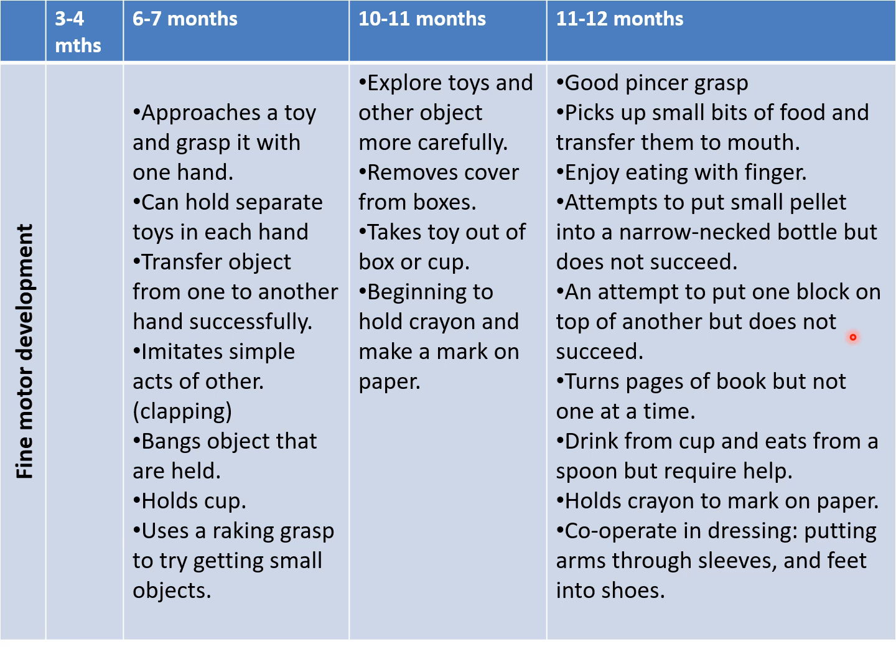Drinks from a cup and eats from a spoon, but they need help. They can hold a crayon and they can mark on paper. They will cooperate in dressing, like putting arms through sleeves and feet into shoes. They will be cooperating with us. So this is their fine motor development.